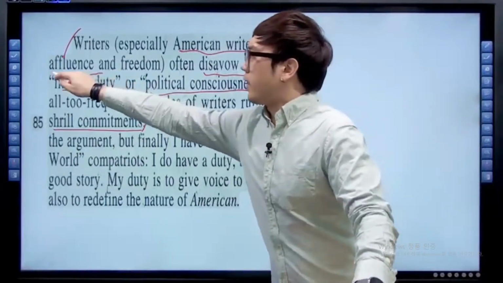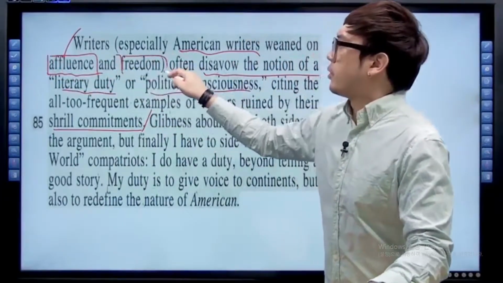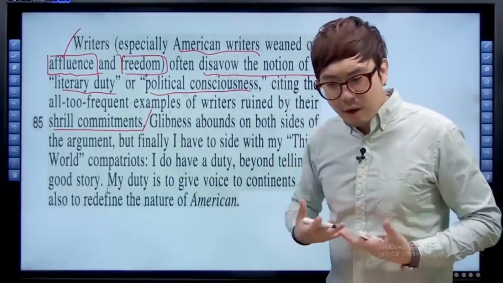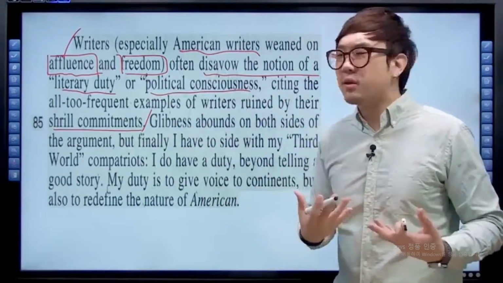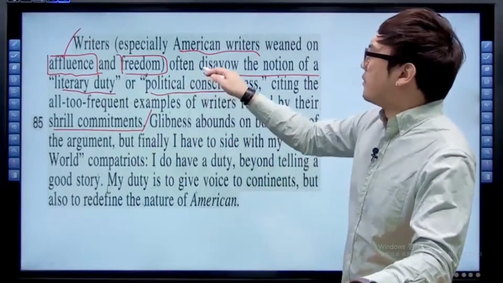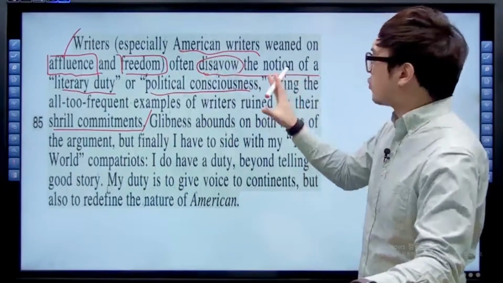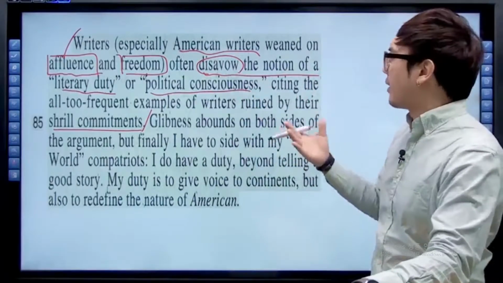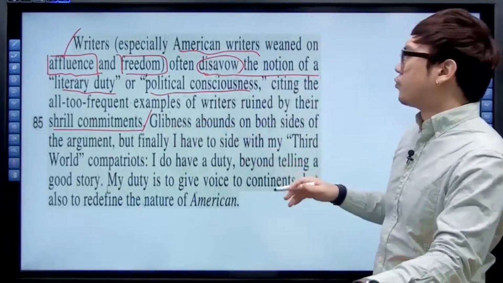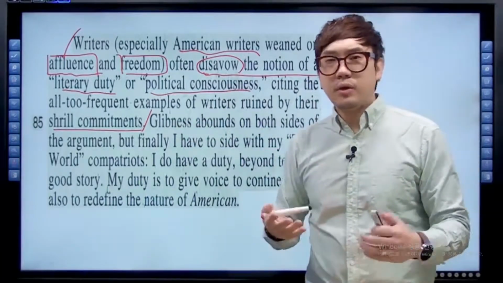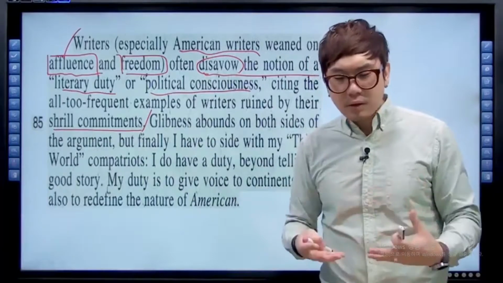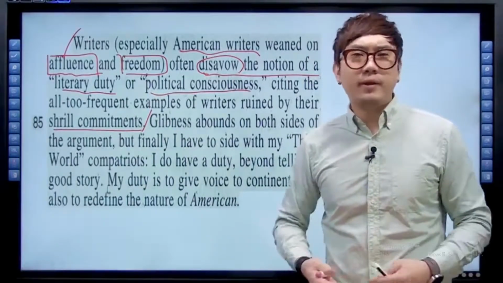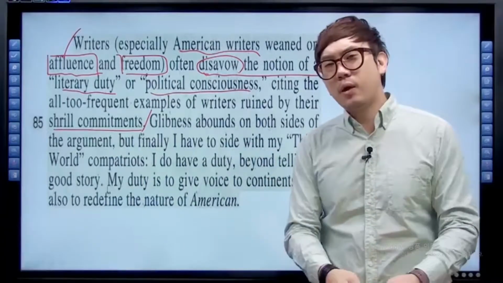Meaning these writers are very used to the richness and the freedom of it all, and often disavow, they sort of ignore the notion of a literary duty or political consciousness, by saying that there are all too frequent examples of writers ruined by their shrill commitments. Okay, so the idea here is that she does not want to be focusing on mediocre stuff, right? Things that are too common, right? She doesn't want to focus on that.